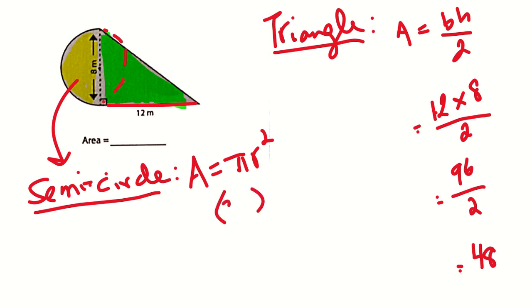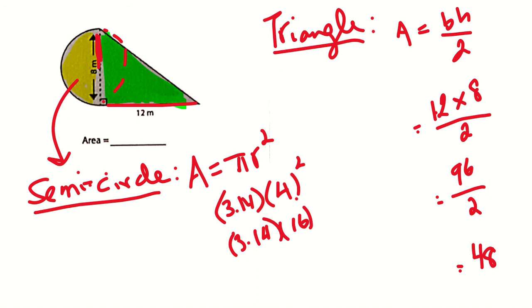Pi is 3.14. R is actually not the 8. R would only be half of the 8, so that's 4 squared. 4 squared is 16, and then we have 3.14.